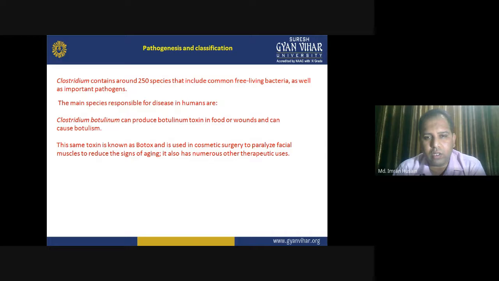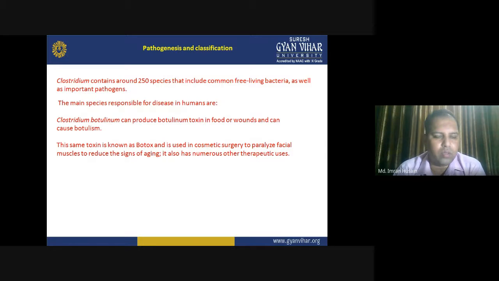It also has numerous other therapeutic uses. So, scientists have learned to utilize this toxin for the betterment of the human body, and they have started using the botulinum toxin to enhance cosmetic surgery in order to paralyze the facial muscles to reduce the signs of aging that is commonly seen.